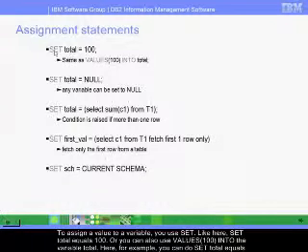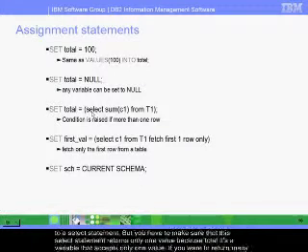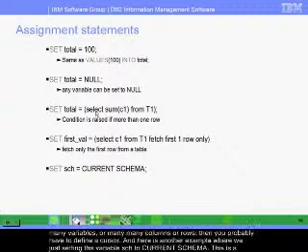To assign a value to a variable, you use SET, like here SET total equals 100, or you can also use VALUES 100 INTO the variable total. Here, for example, you can do SET total equals a SELECT statement, but you have to make sure this SELECT statement returns only one value, because total is a variable that accepts only one value.